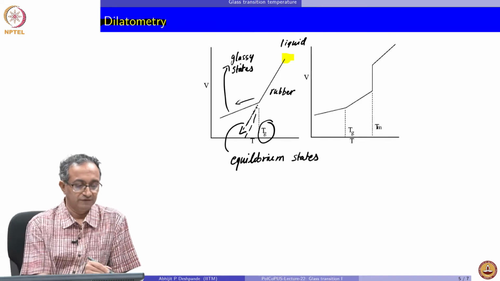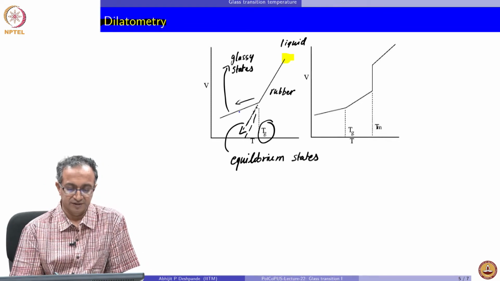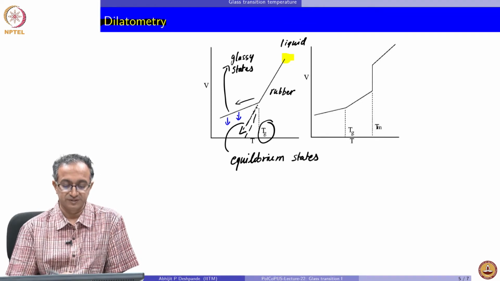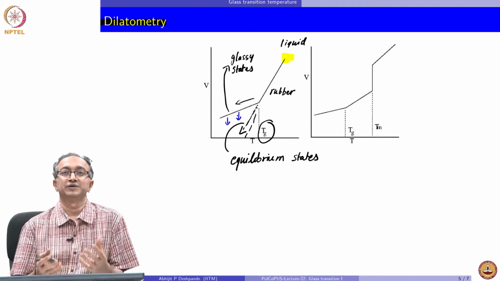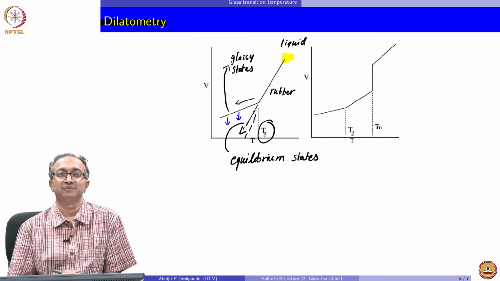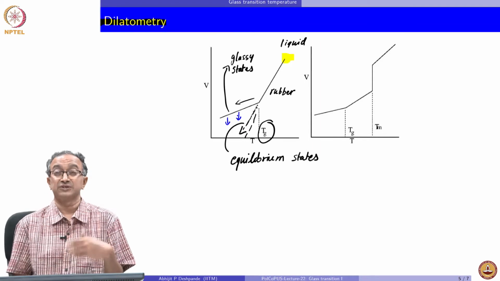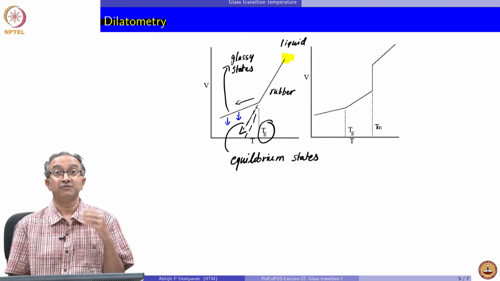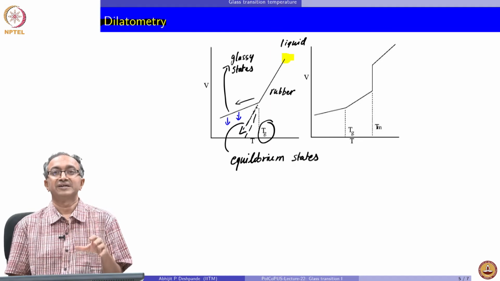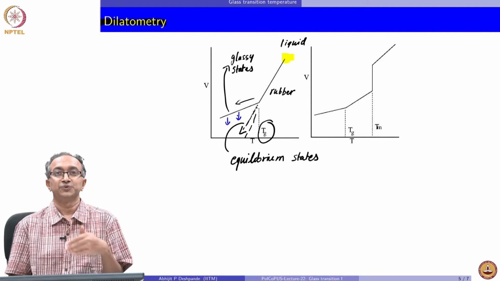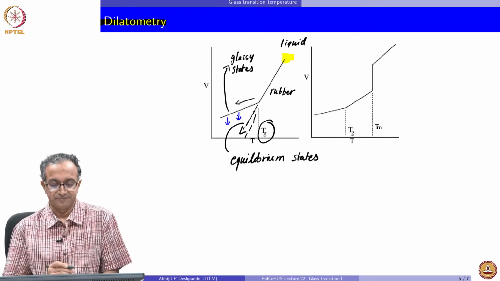So, there is always a tendency for the material to go from these glassy states towards the equilibrium state, and that is what we meant by the glassy state being a non-equilibrium state and the possibility of relaxation processes, however slow they may be, the possibility of aging processes, however slow they may be, they are definitely present, and that leads to evolution of the material.